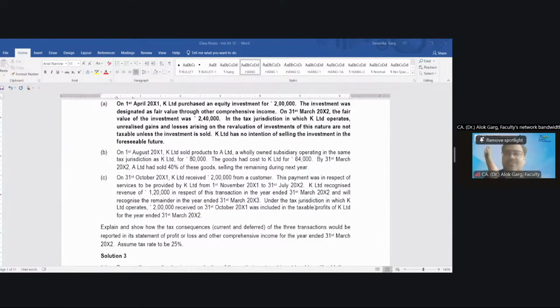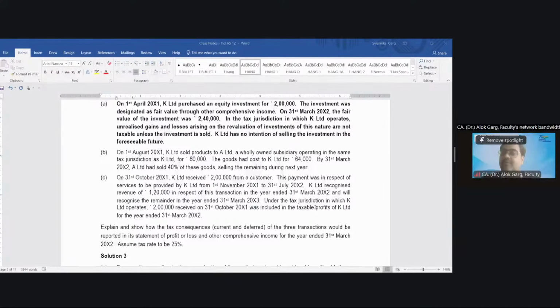So what is the cost to the family? The cost to the family is 64,000, right? Out of the cost of 64,000, 40% of the goods have been sold to the third party, meaning sold by the subsidiary to the third party. What is 40% of 64,000? 25,600.